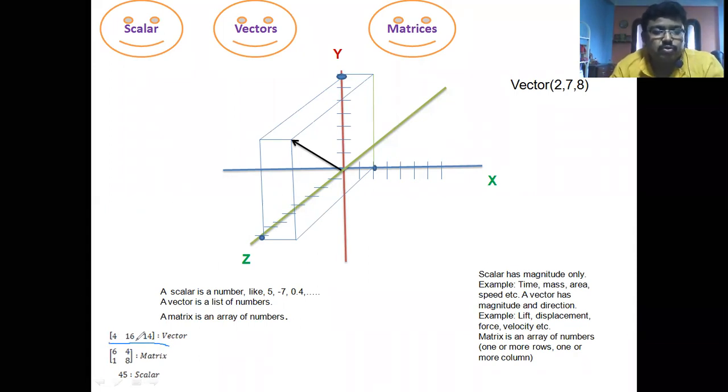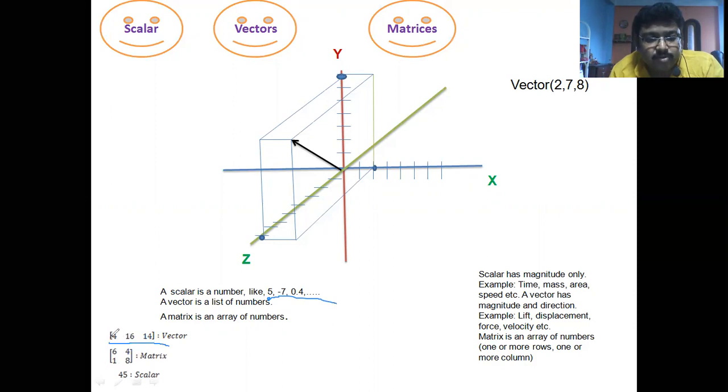Here, 4, 16, and 14. This is the vector. And scalar is just this number, 5, minus 7, what I have mentioned. These numbers are scalars. And look, this is the matrix.